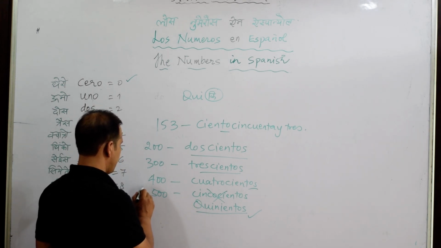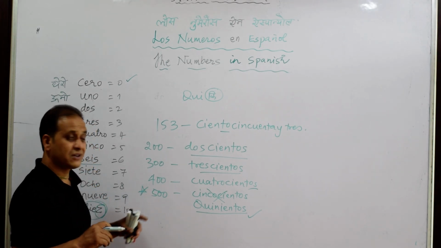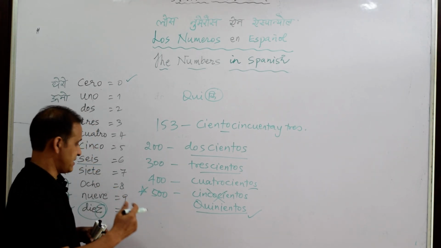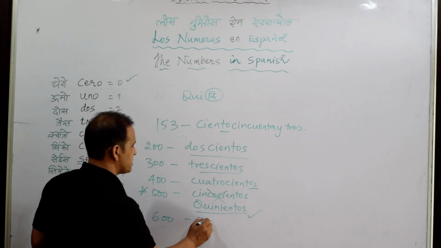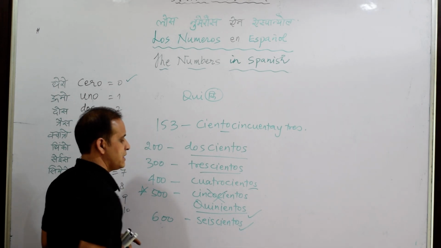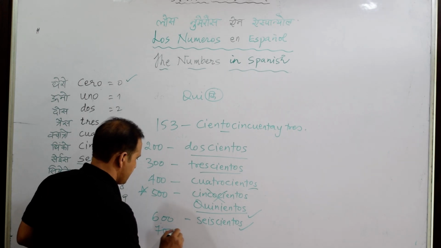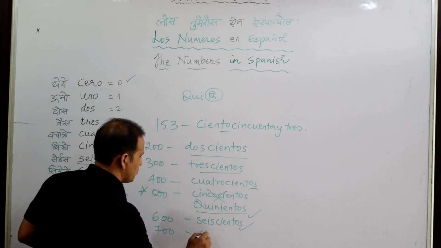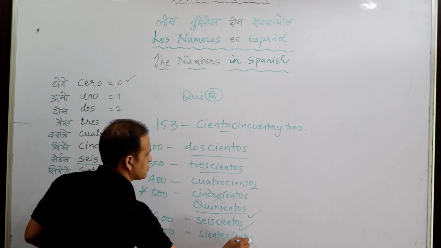This is something different, so I put a star over here to get your attention to this thing which is slightly different. 600, what is 6? Seis and then cientos. It is going as per the logic. 700, what is 7? Siete and then cientos.